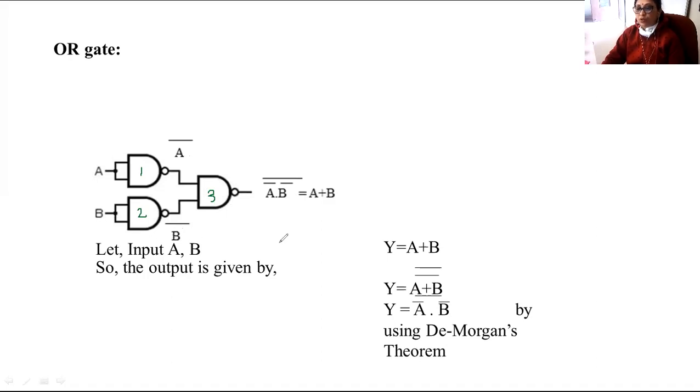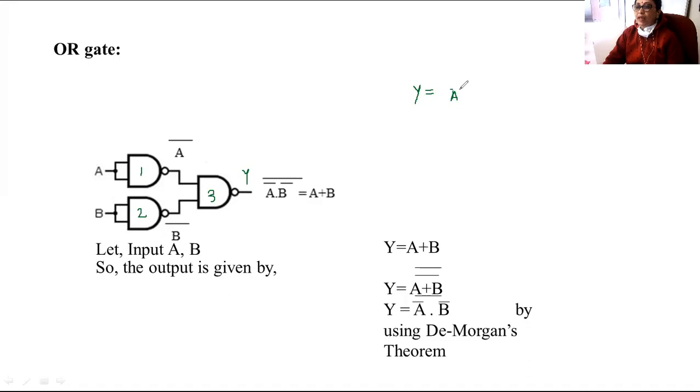Okay. So now if the inputs are A bar, B bar, what will be the output of gate number 3? Let us call it as Y. So Y will be equal to, what are the inputs? Inputs are A bar and B bar.